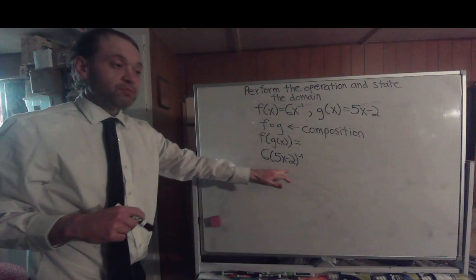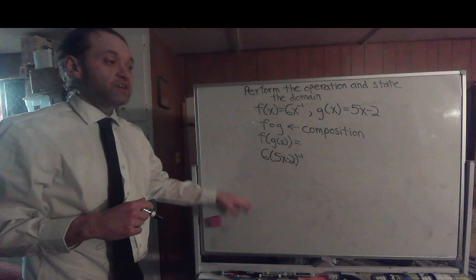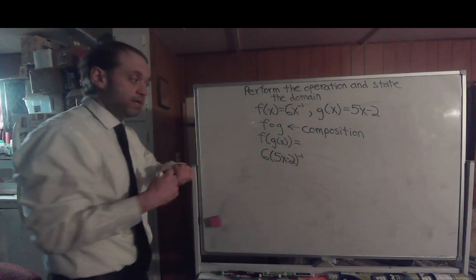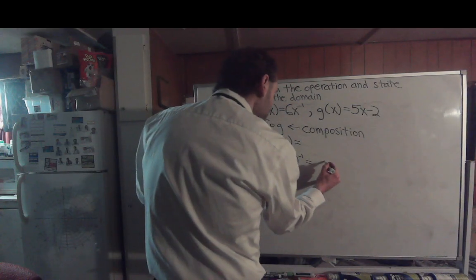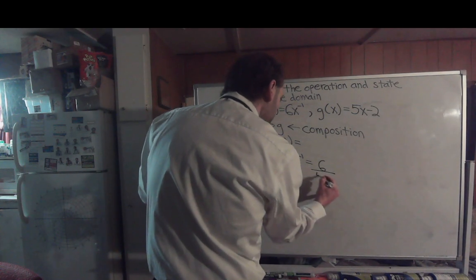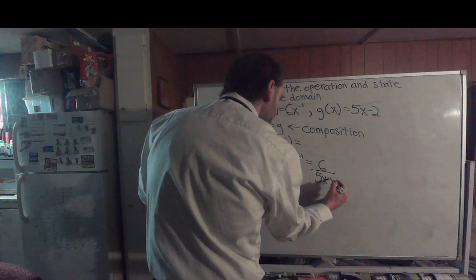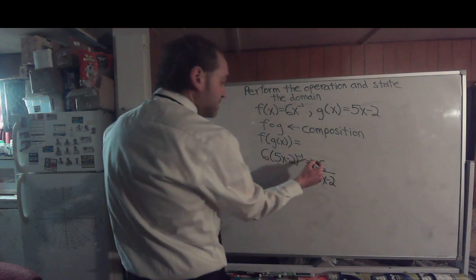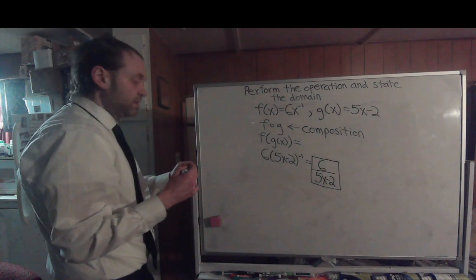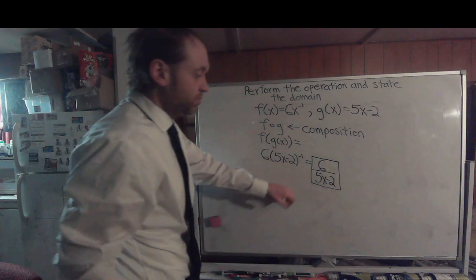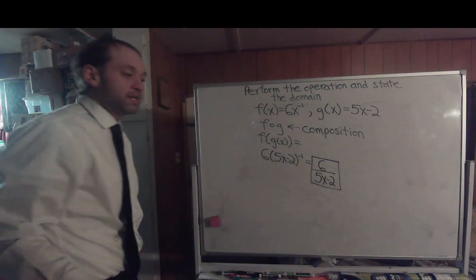What is 5x minus 2 to the negative first? That's just going to take it and put it in the denominator with a positive first power. So that would make it 6 over 5x minus 2. So that's the composition of the function of f composition g. You would get 6 over 5x minus 2.